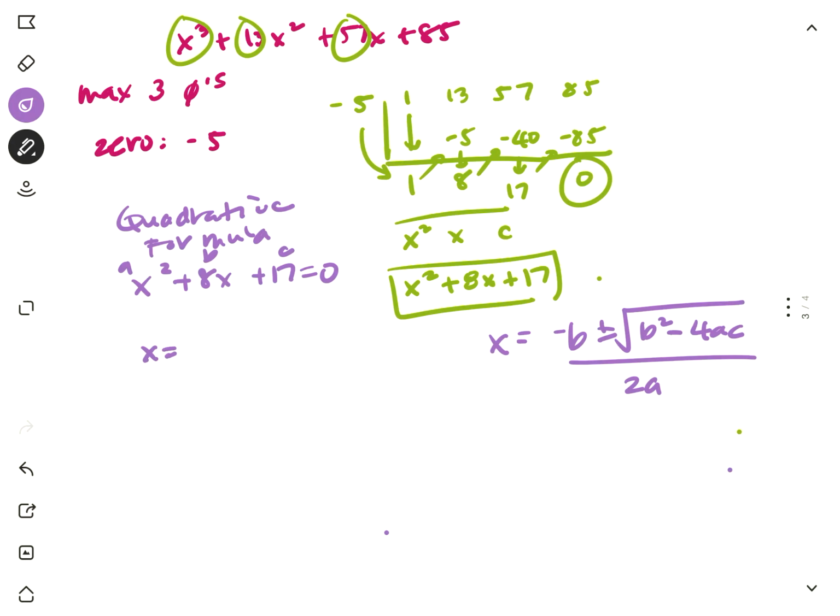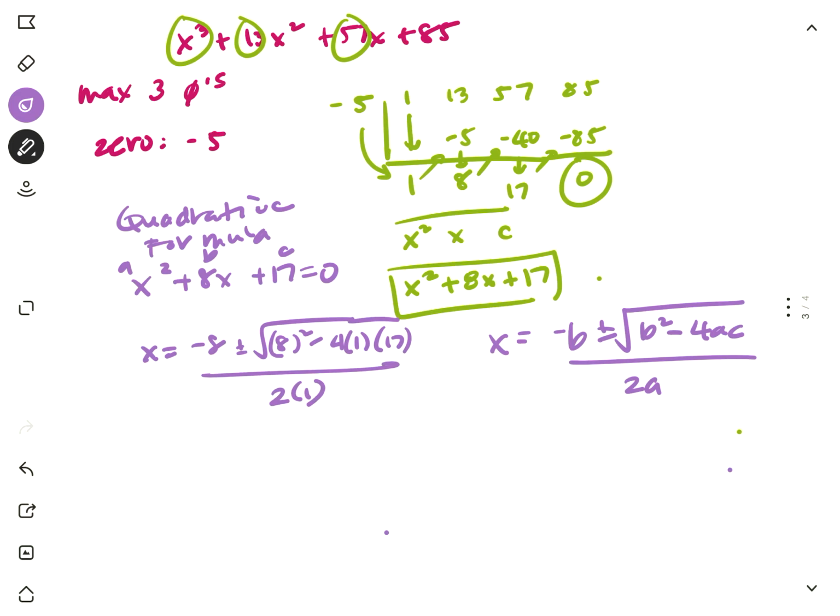Okay, so let's put it all together. -8 plus or minus square root of 8 squared minus 4 times 1 times 17 over 2 times a, which is 1.